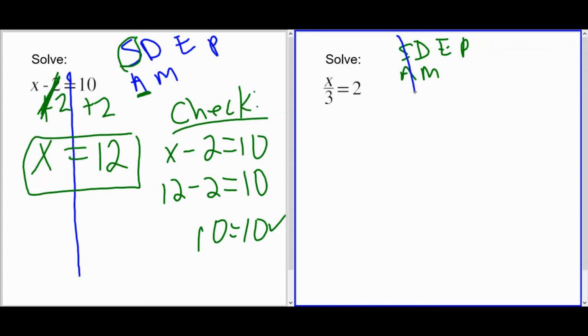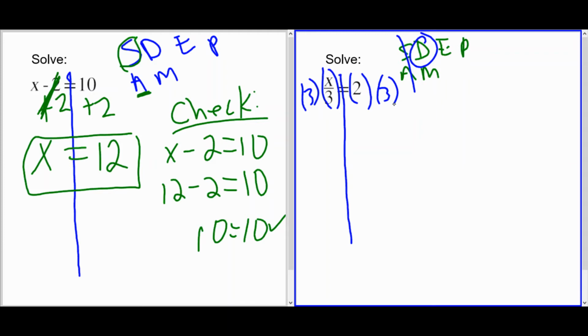There's no addition or subtraction. But there is division, right? We have division. So I'm going to draw my line or my fence. And I'm dividing x by what number? Notice I'm dividing it by 3. So that means I should multiply both sides by 3.